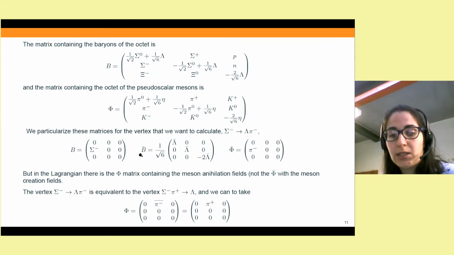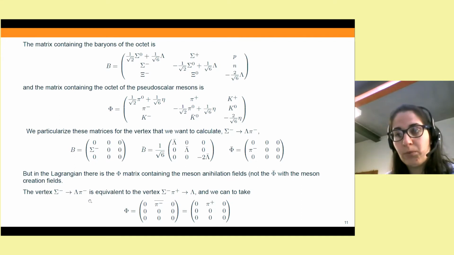We saw yesterday that's what we have, the B bar matrix. And the meson matrix, we saw that we have to take this one here for the phi. Okay, so I give you a few minutes to compute the matrix products.